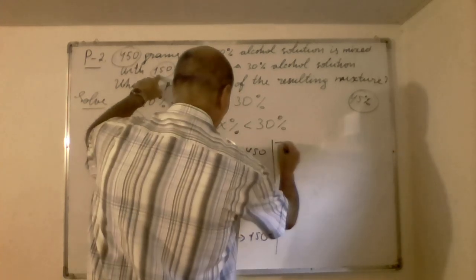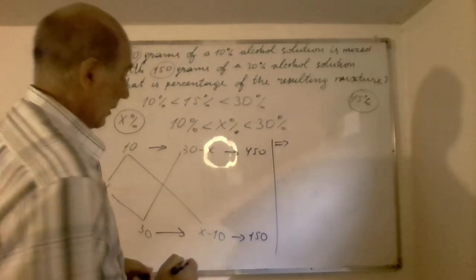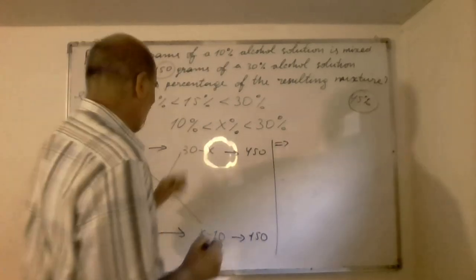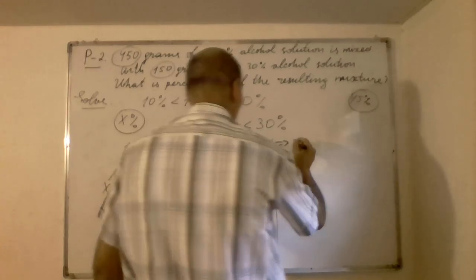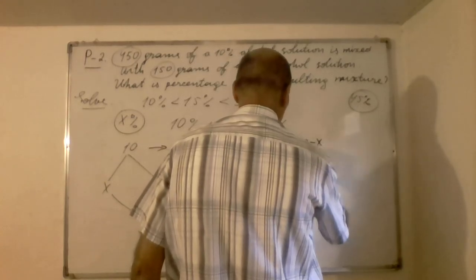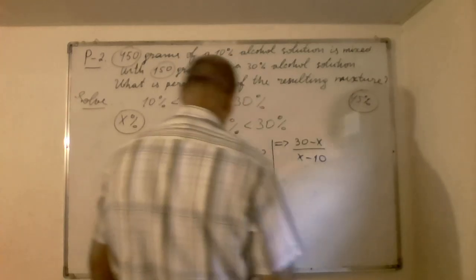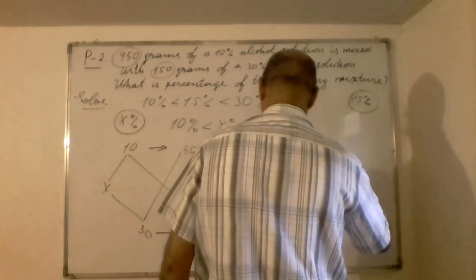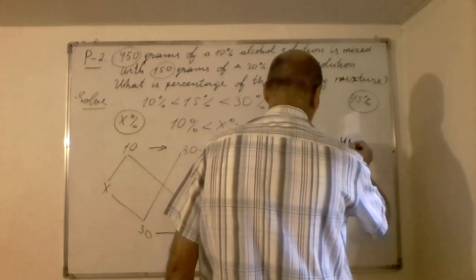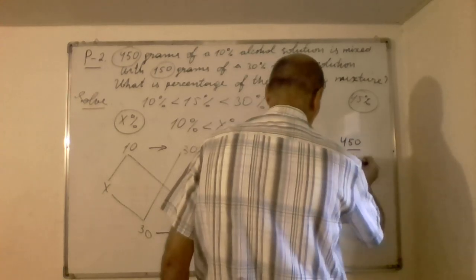And from here we can write this proportion: 30 minus x divided by x minus 10 equals 450 divided by 150.